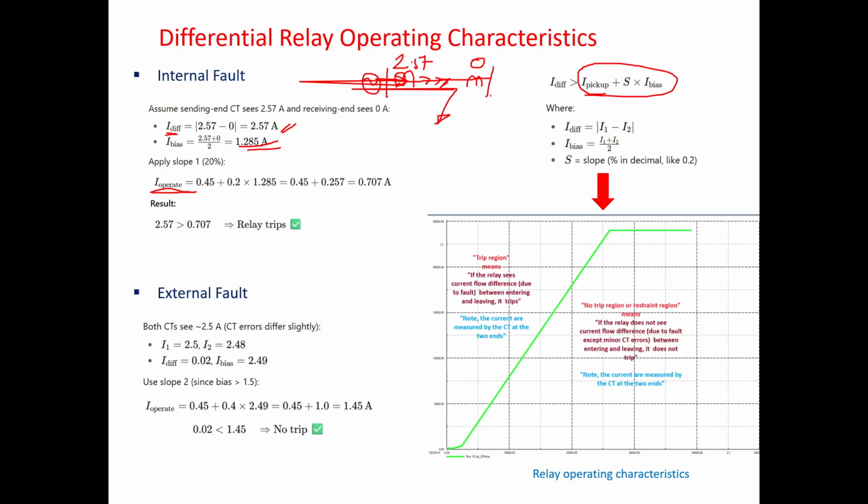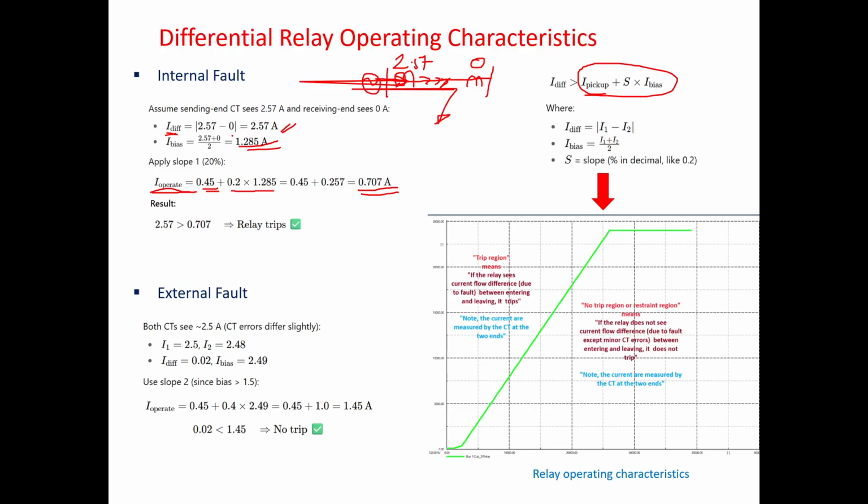This is the formula: 0.45, which is the relay pickup current, we have already discussed it, plus 0.2, which is the 20% above the maximum loading current, times this bias current. So we get a relay operating current of 0.71 amp.